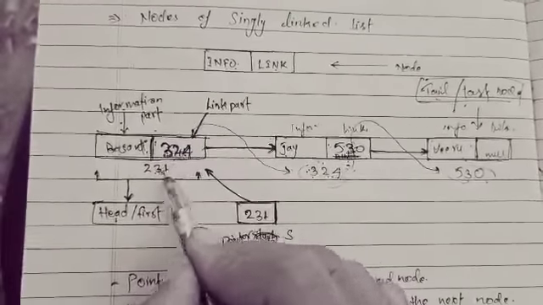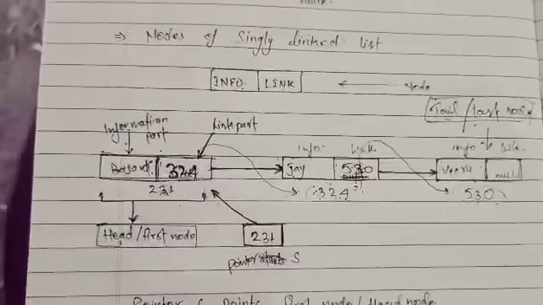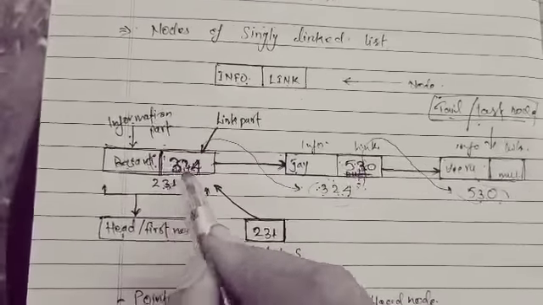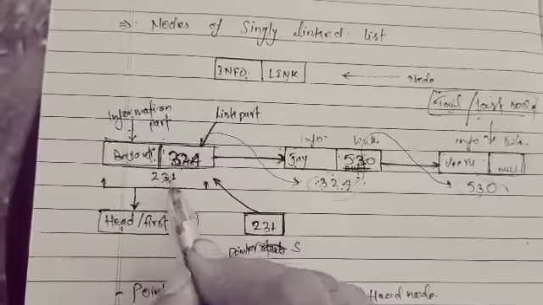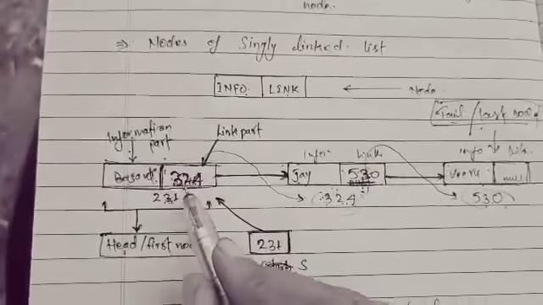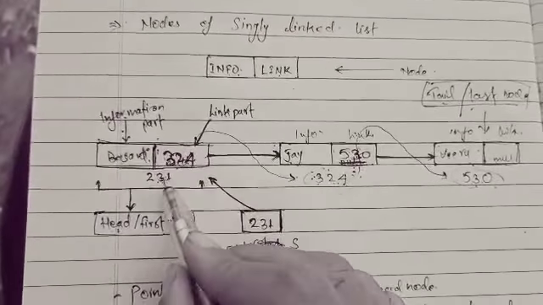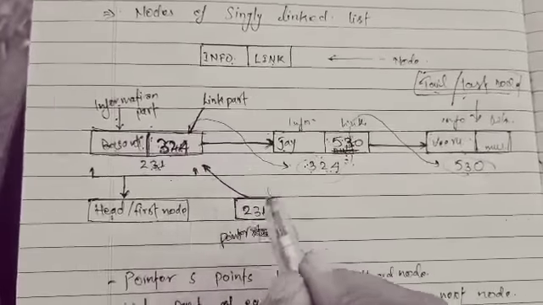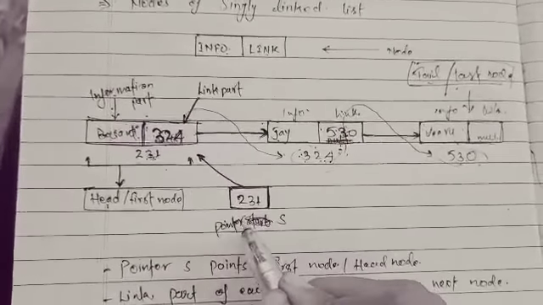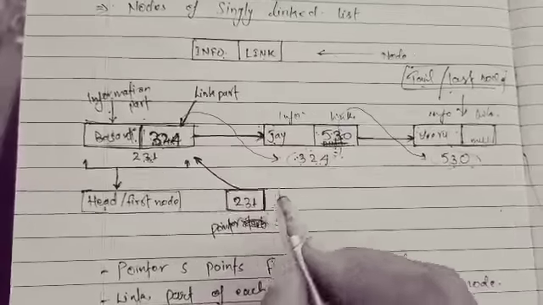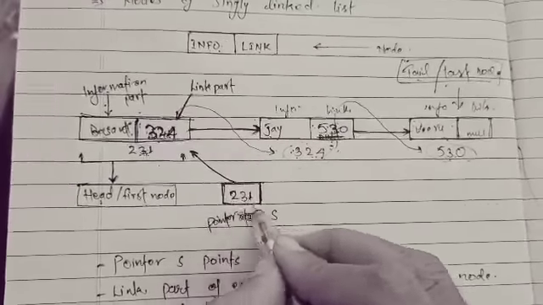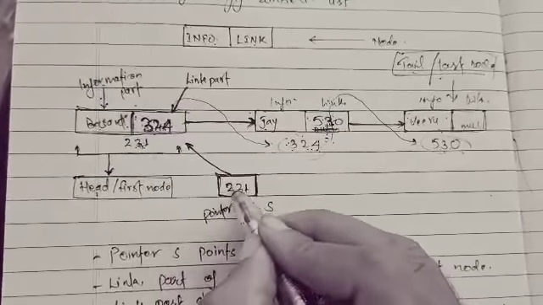And what will be the address for this node? For the address of this node, we point a start node.